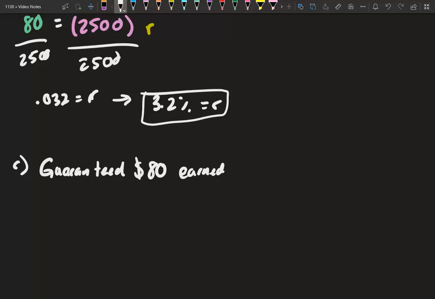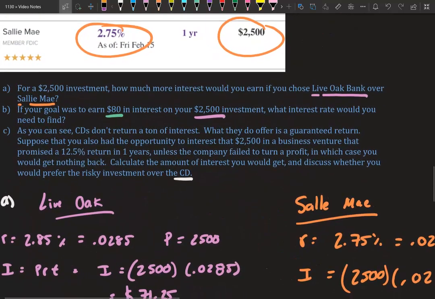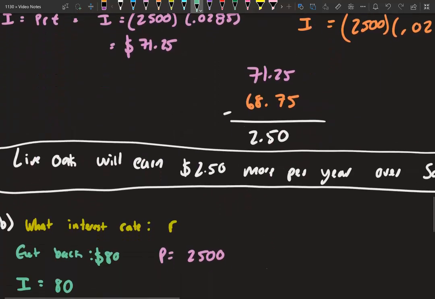All right, your business venture though. Your business venture said that you have a rate of 12.5% back if you invest $2,500 for 1 year. So again, time is one, we don't care about it.